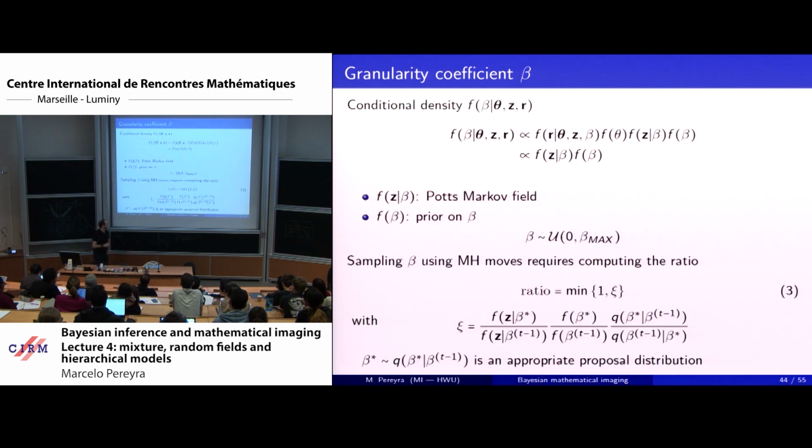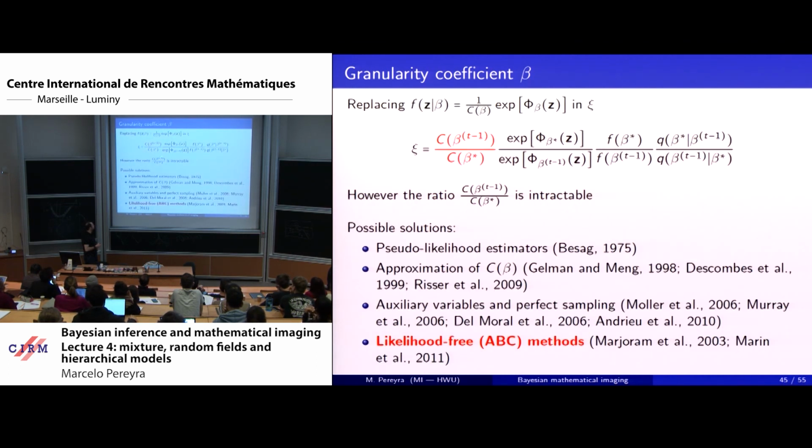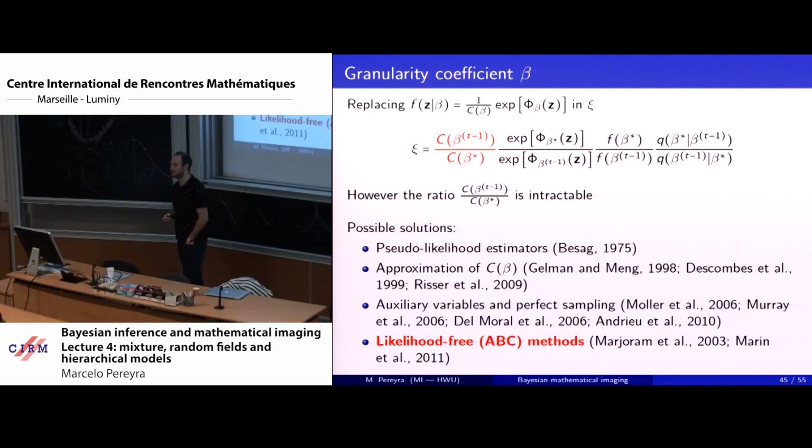But computationally, it was difficult because when you want to do a Metropolis Hastings step, you have to compute this ratio. When you try to compute it, you end up with a term which is the ratio of the normalizing constants of the prior. This is the C beta, and it's just as difficult as the C theta that we described half an hour ago.